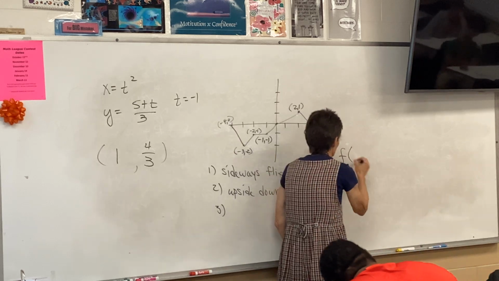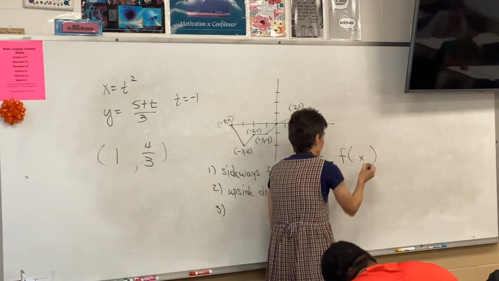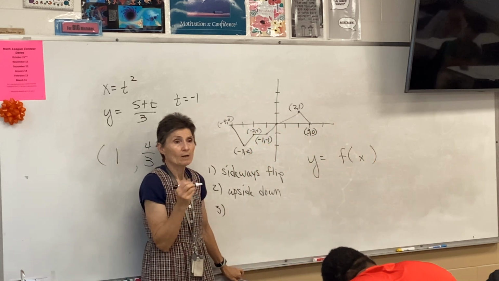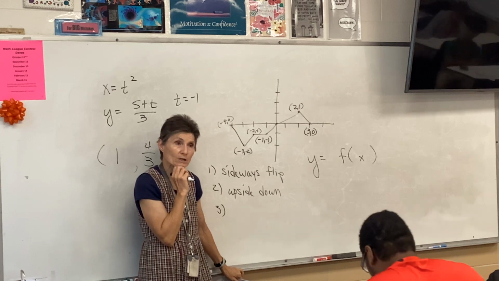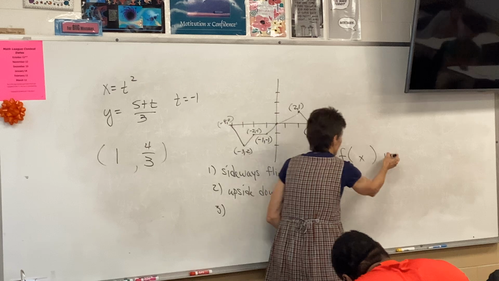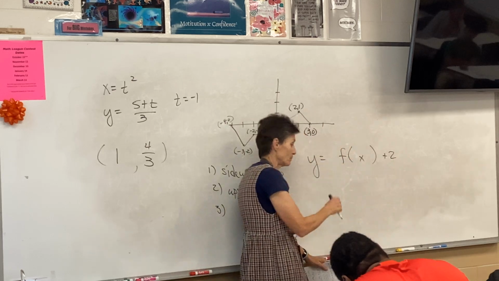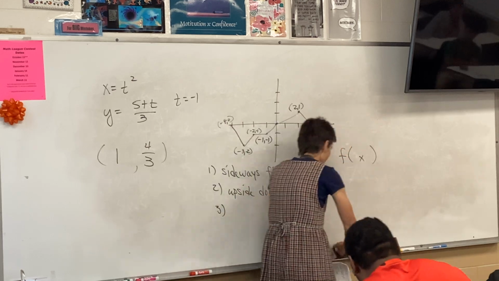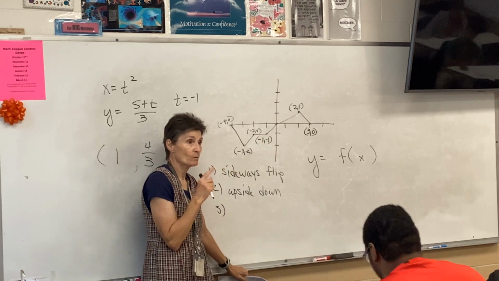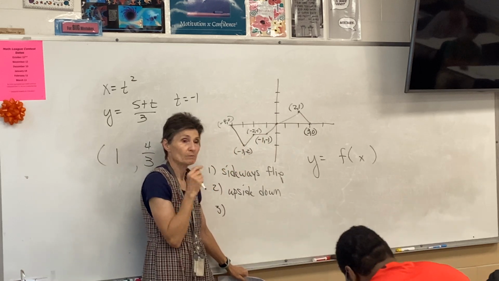So what would that equation look like if I am flipping it both ways, essentially? What do I need to put into my equation? If you moved it up 2, you would put a +2 on the end, right? That moves it up 2. Well, what do I need to put into my equation if I am flipping sideways and up and down?